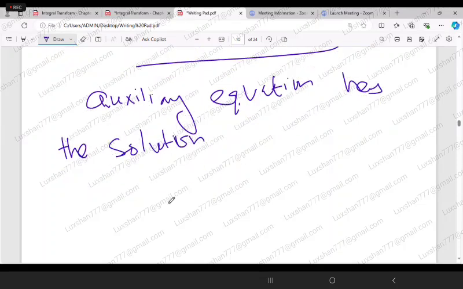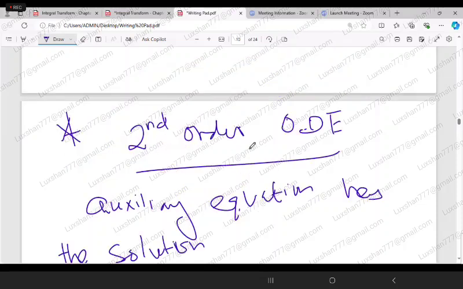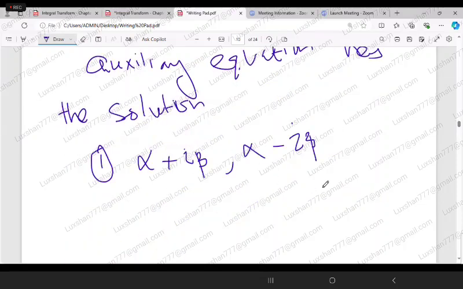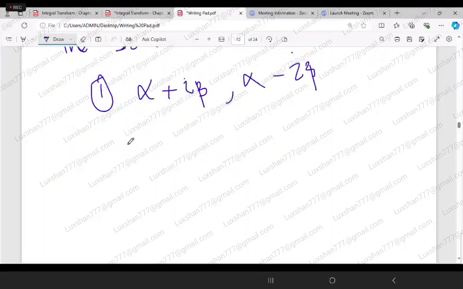The auxiliary equation has the solution, complex solution. First one, alpha plus i beta, comma, alpha minus i beta. We are talking about the second order, therefore definitely there will be two solutions. What is the solution?